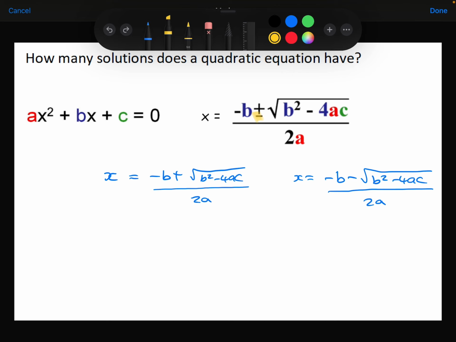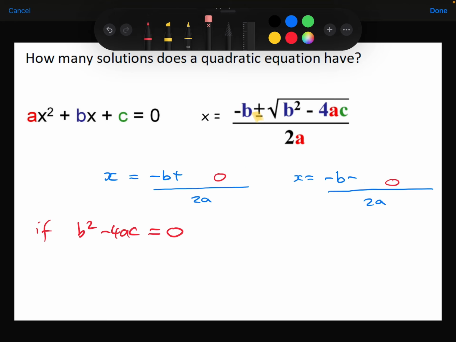For example, if b squared minus 4ac were to equal 0, then this would equal 0. And the square root of 0 is 0. And minus b plus 0 is just going to be minus b.